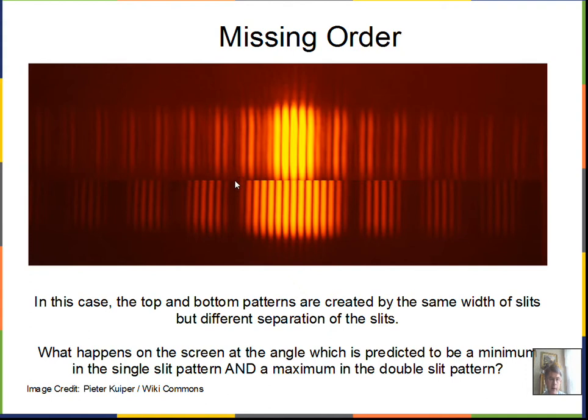The double slit pattern predicts a maximum. The single slit pattern wins, you know, by observation and by logic. 0 plus 0 is still 0. So that's a missing order, where the single slit pattern predicts a 0, the double slit pattern predicts a maximum. That order predicted by the double slit pattern would be a missing order.